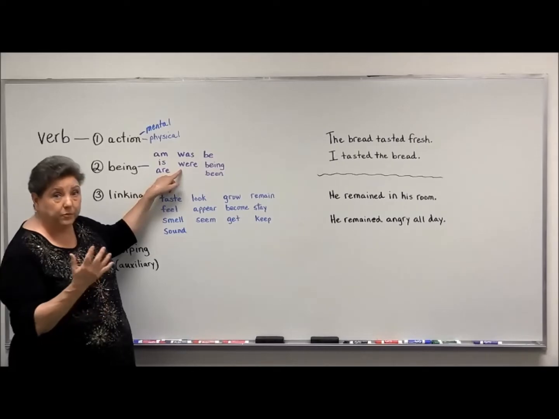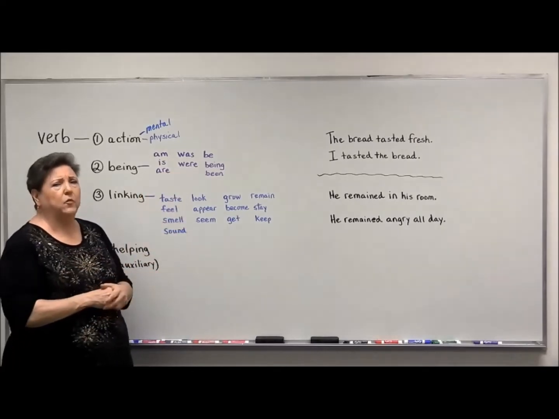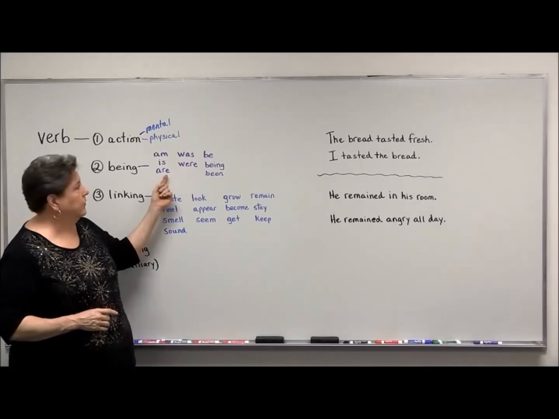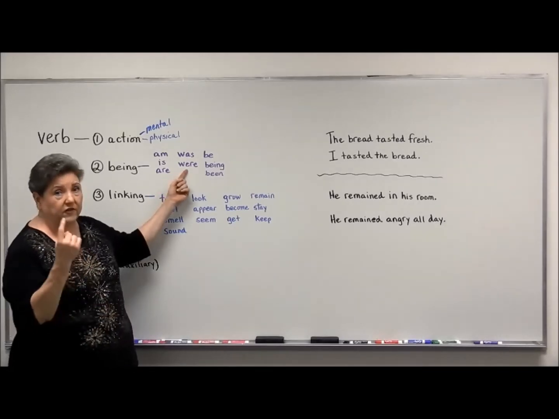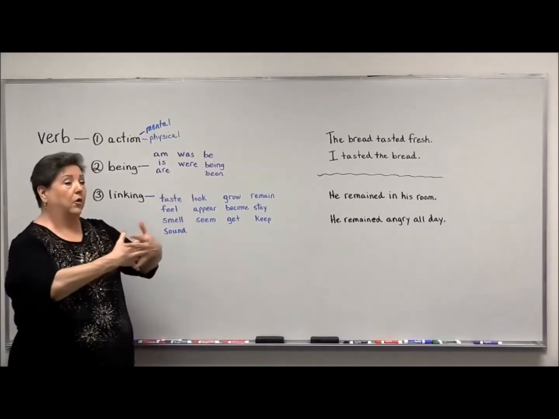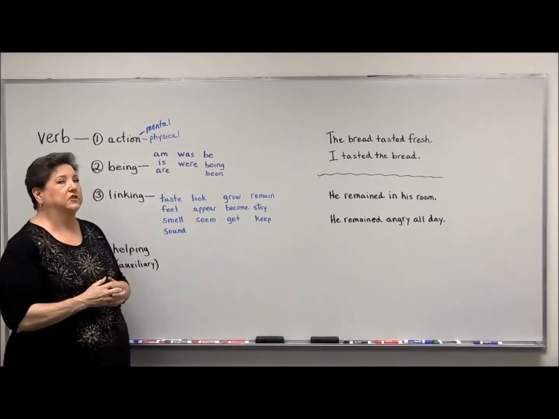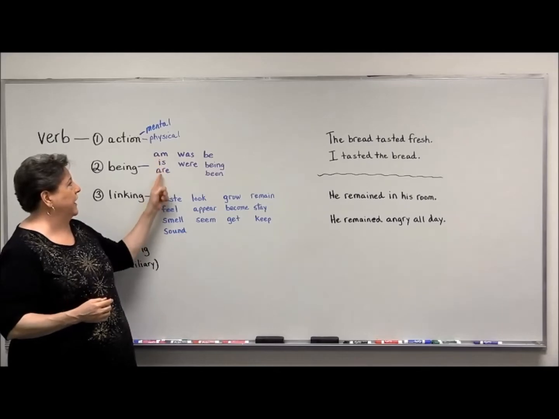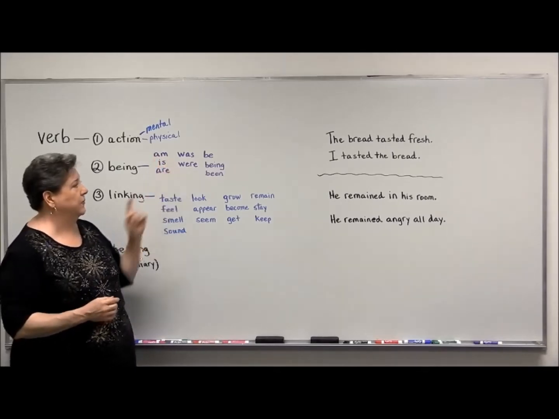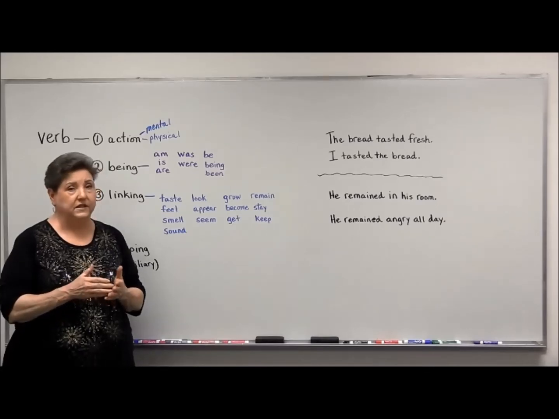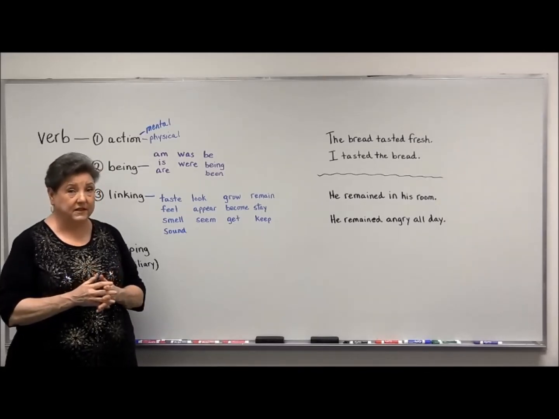Were, past, plural. But what about the word you? We always say you are or you were, even if I'm talking about one you or many you. So here's my question. These first 5, am, is, are, was, were, can you use those alone as the only verb word of a sentence?